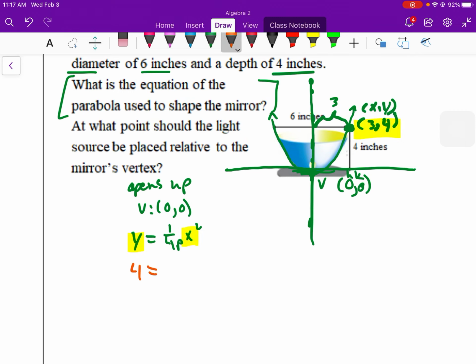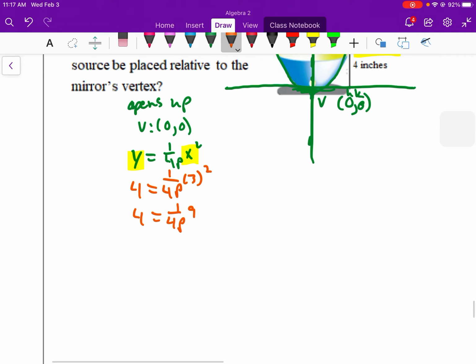So then we have 4 equals 1 over 4p times 3 squared. So then we can simplify 1 over 4p times 9. I'm going to divide both sides by 9 to keep it in the 1 over 4p form. So we have 4/9 equals 1 over 4p.